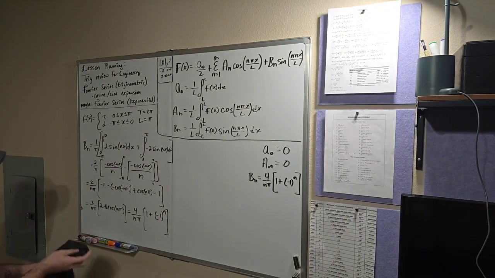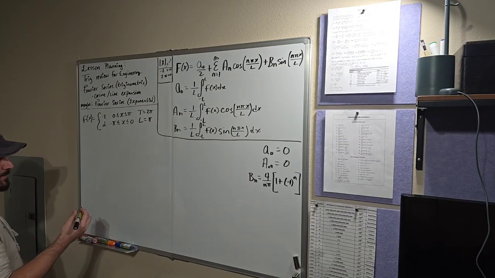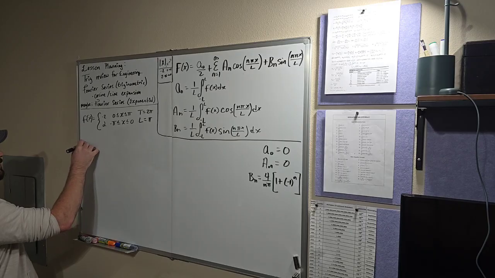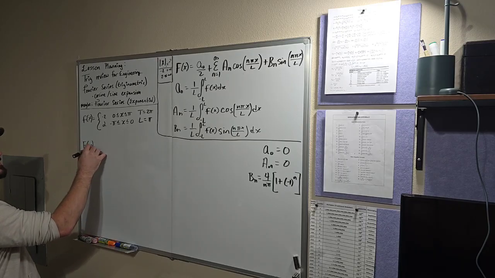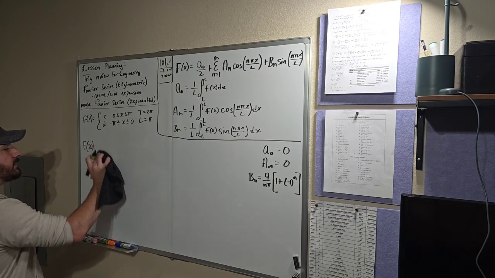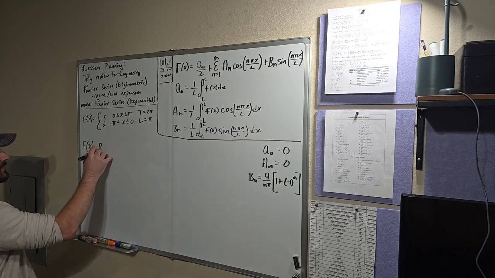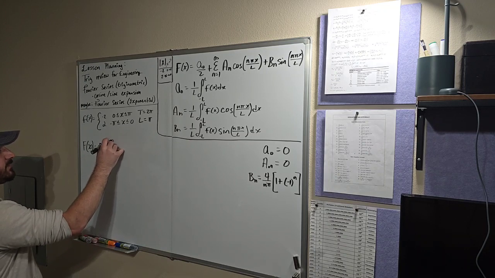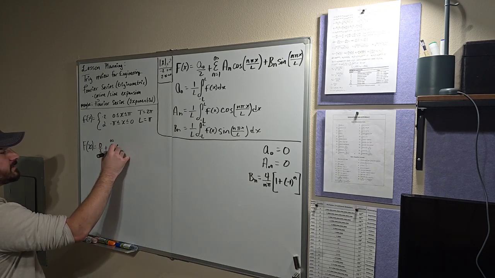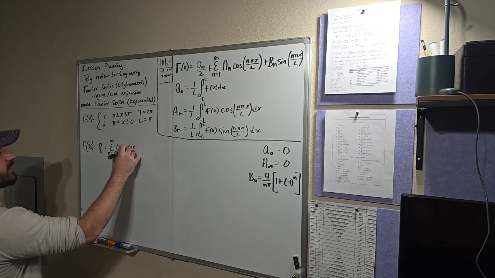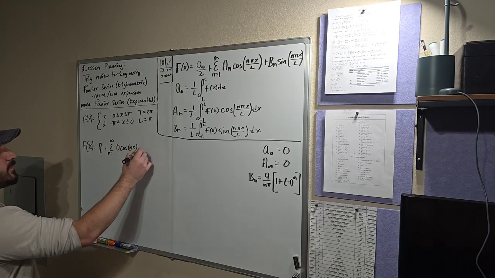And boy, oh boy, howdy, I bet you wish we were done. We are not. Okay, so now what we get to do is we get to plug everything into our formula. So we have the Fourier series is equal to a of 0, which we know is 0 in our case. So I'm going to write 0 over 2. And then we have plus the summation from n equals 1 to infinity. Now we know a of n is 0, so I'm going to write the 0, and then I'm going to write still cosine of nx, because we know the pi's are going to cancel, and then I'm going to write the bn term.